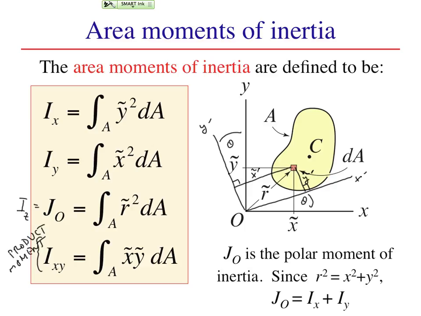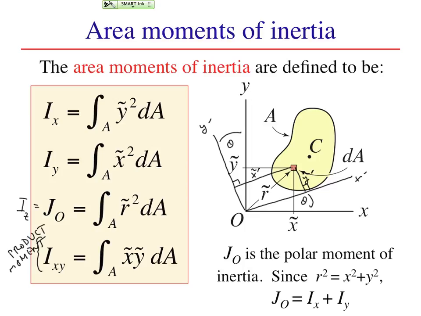To keep things relatively simple, we'll often position our coordinate system so that the cross-section is symmetric about one or both axes. We'll also be restricting our attention to just the area moments and not the product moment of inertia. Note that the area moments are always positive. We're integrating a positive quantity, a distance squared, over an area.